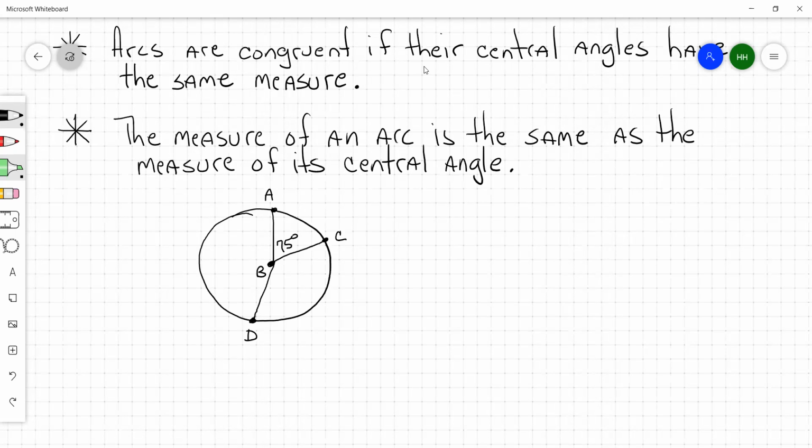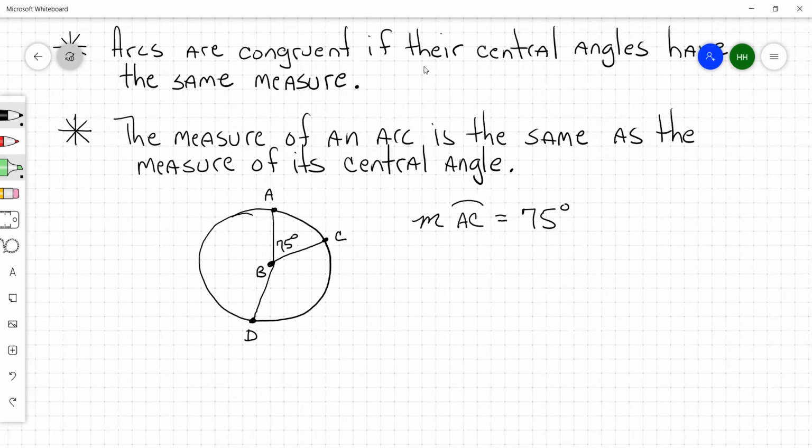Then watch, the measure of arc AC is equal to what? What's the measure of arc AC? Go ahead and say it. The measure of an arc is the same as the measure of its central angle. So it's 75 degrees, right? There, boom. That arc A to C is the same as the measure of its central angle.